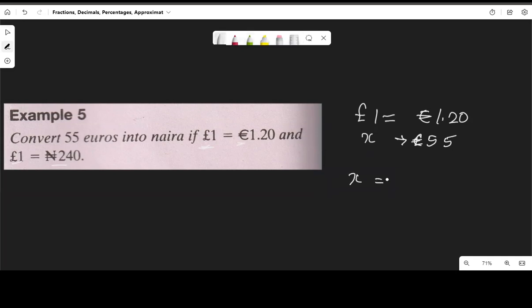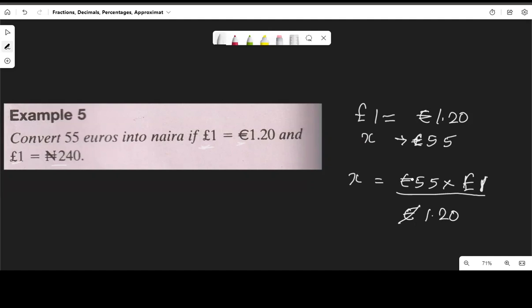S will be 55 euro multiplied by 1 pound all over 1.20 euro.